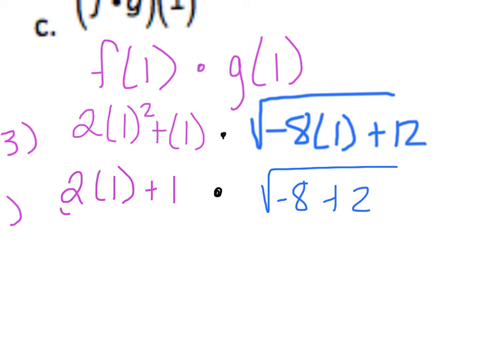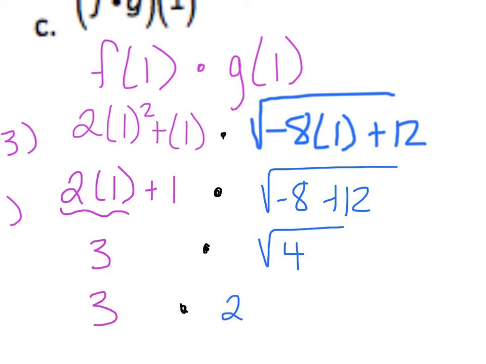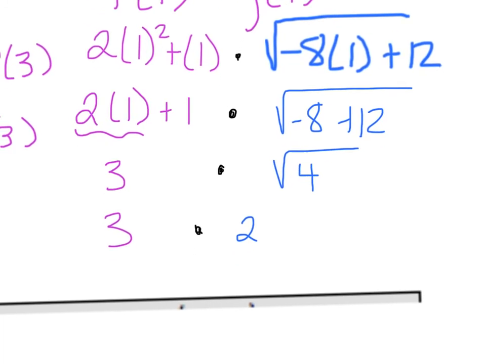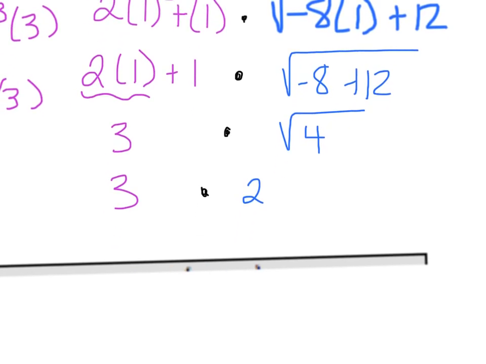This is 2 times 1 is 2 plus 1 is 3 times, oops, I forgot the 1 here. And then we've got the square root of 4. And the square root of 4 is 2. And then last but not least, 2 times 3 is 6. So f times g at 1 equals 6.